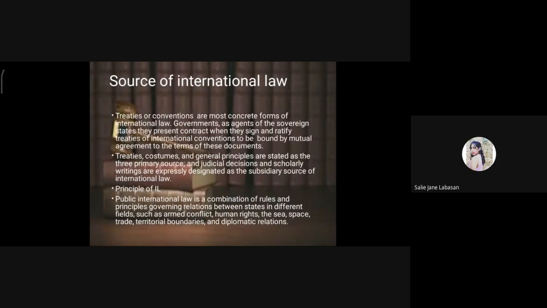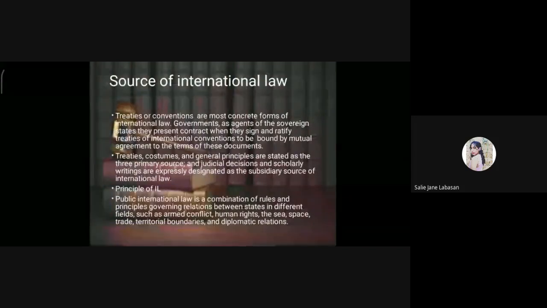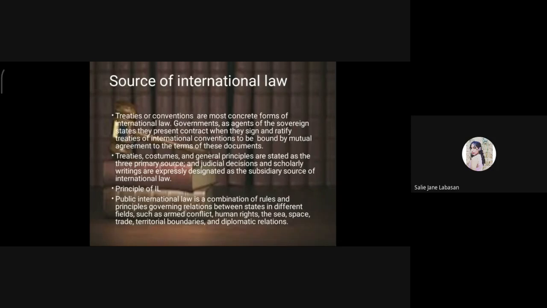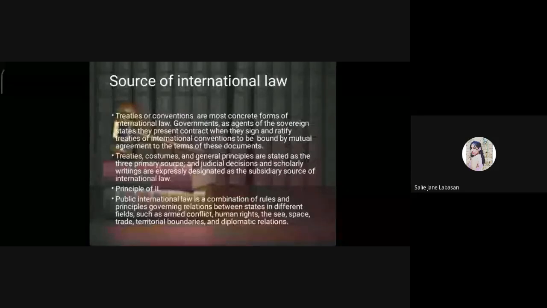So when there is conflict between human rights, the sea space, trade, territorial boundaries, and diplomatic relations, they follow these rules in order to protect from conflict between nations. That's it.